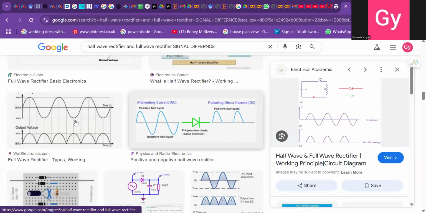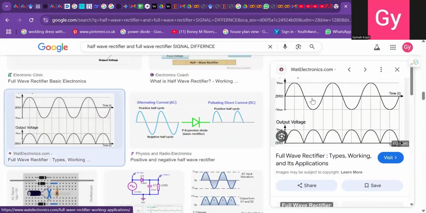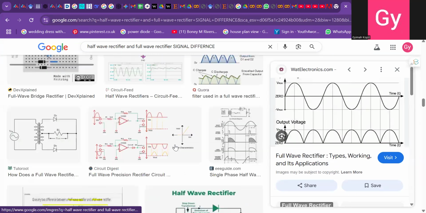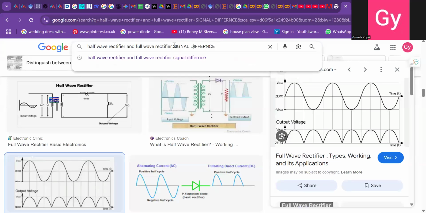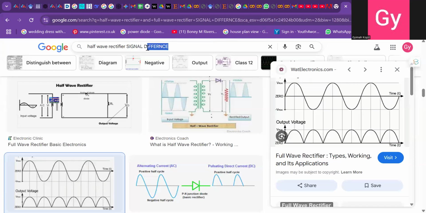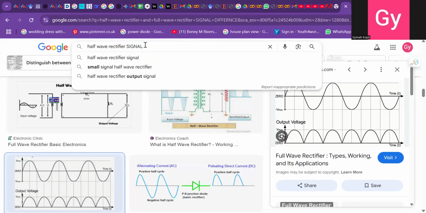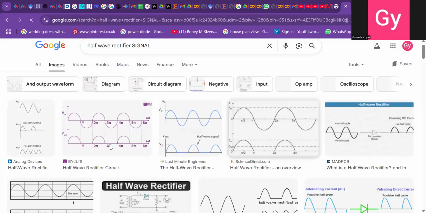Yes, what we are having over here is a full wave, but let me show you the half wave signal first, because we've done that in class. And let's see. So this is a half wave.